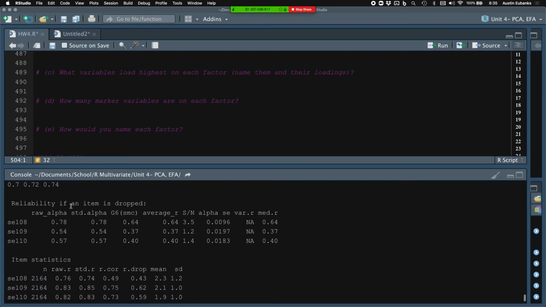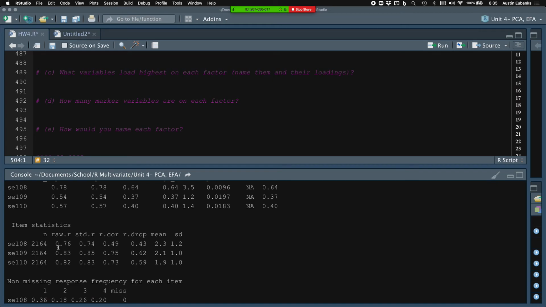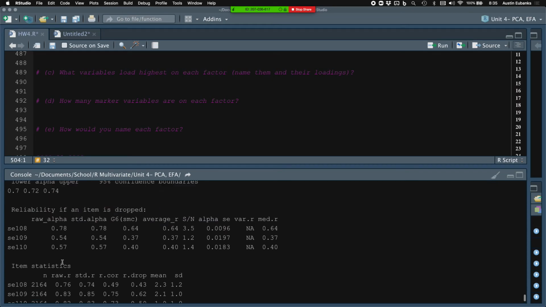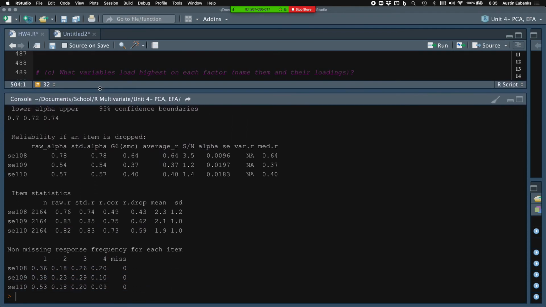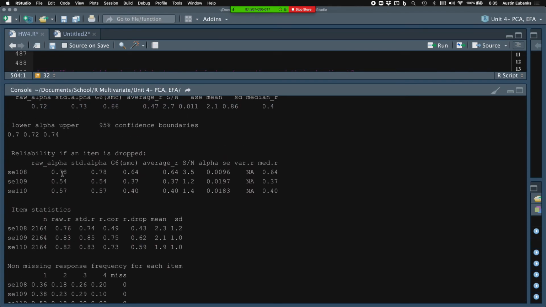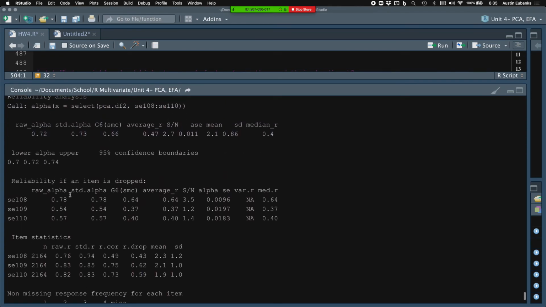Elise is asking if we should remove SE 108 since it improves reliability. Really it's a judgment call, but in this case I would say no, because you don't want to remove variables unless you have to. Sure, your reliability goes from 0.72 to 0.78, but is that something that justifies pulling it out?